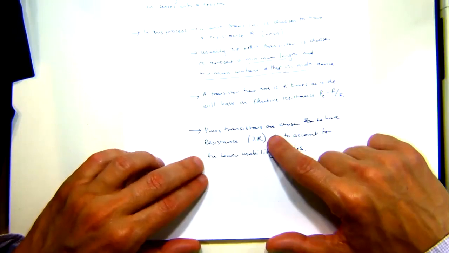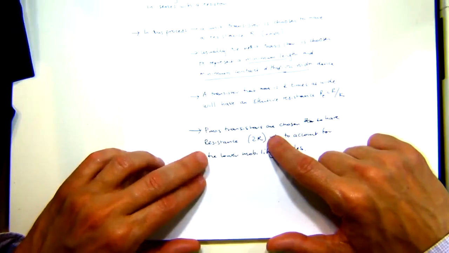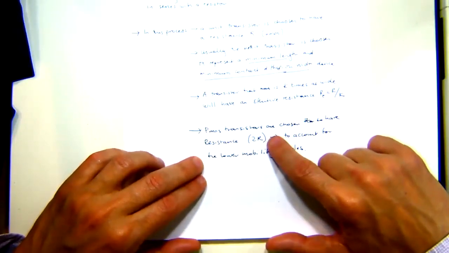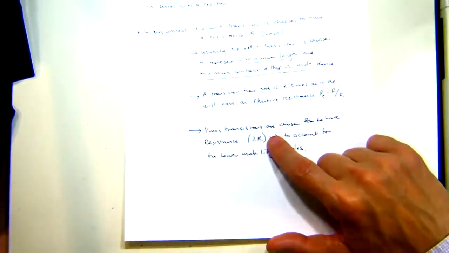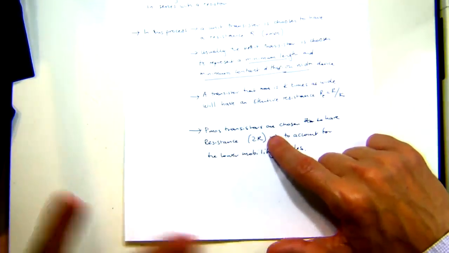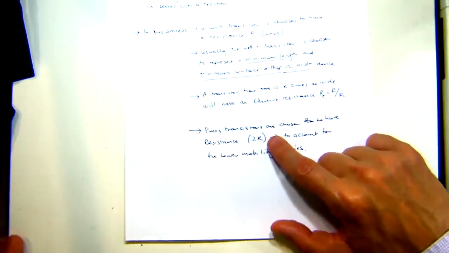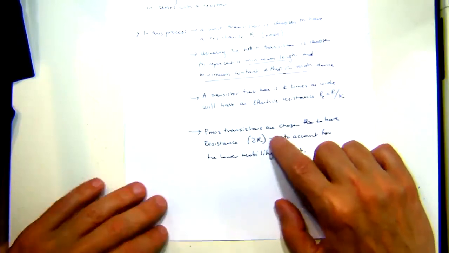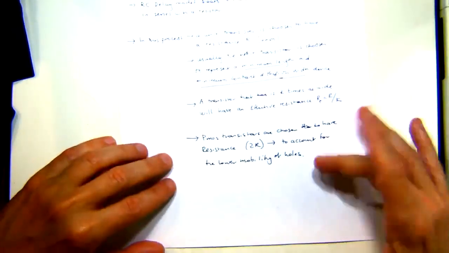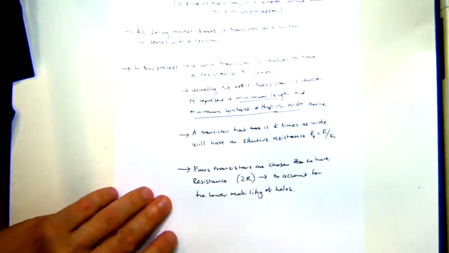Can anyone guess? The mobility of holes is roughly half the mobility of electrons. It's probably 3/4, but for government work, let's assume it's half. So therefore the resistance is twice as much. That's where that number comes from. All right.